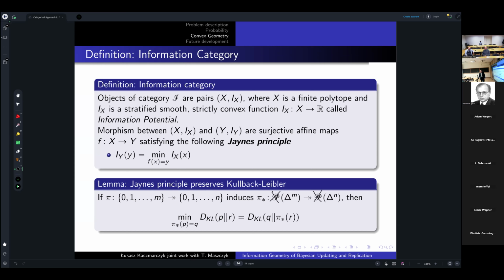So the direct image pi is defined on the vertices, but the direct image is defined on the measures on the vertices. So it goes from one simplex to another.